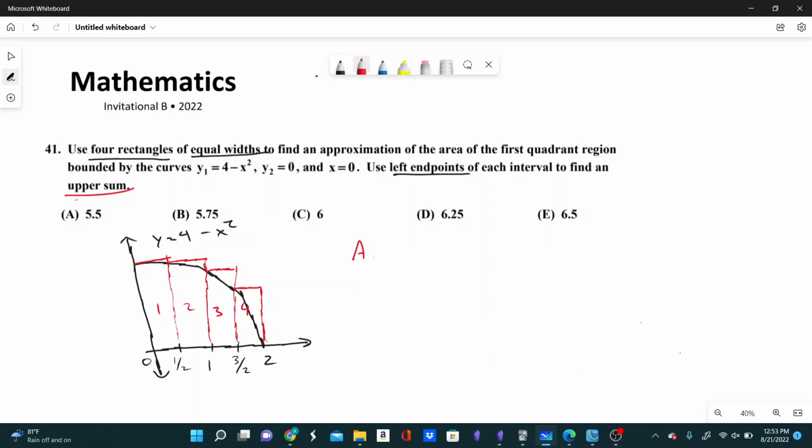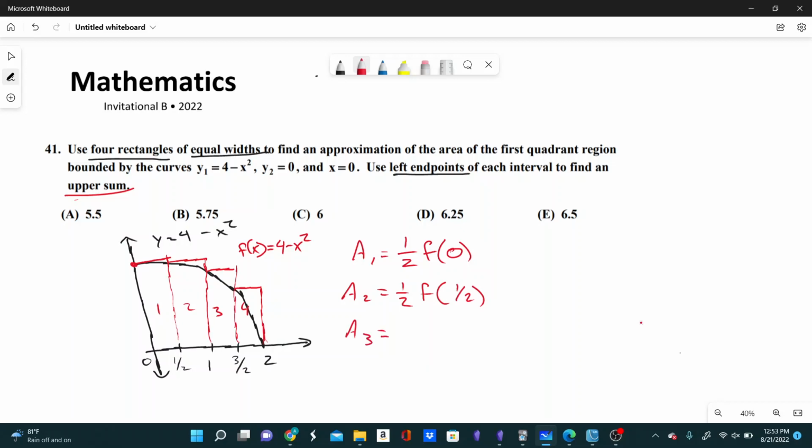So the area of the first rectangle will be a width of 1/2, because that's the base, and then the height will be the value of the function at 0, because the left endpoint is at 0. So the area of the first one will be 1/2 times f of 0, where of course f of x is equal to 4 minus x squared. And then the area of the second one will be 1/2 times the height at 1/2.